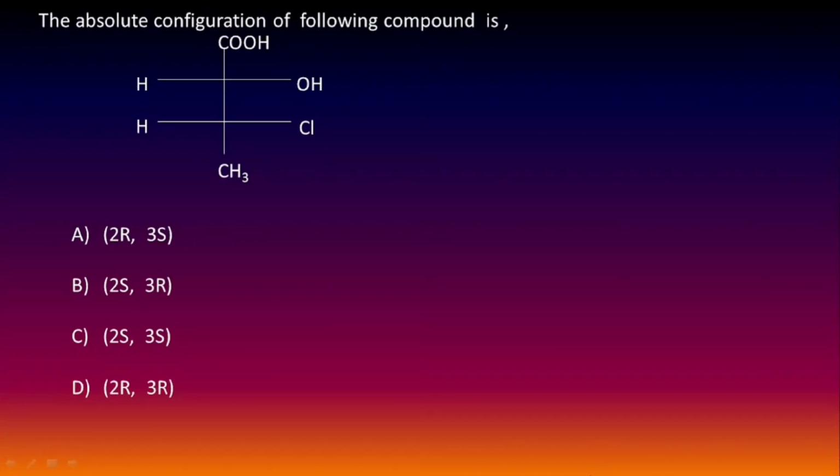The absolute configuration of the following compound is... For this, you must remember the RS concept, the CIP rules. The configuration is R or S. It depends on the priority numbering of atoms on the basis of atomic number. So let's solve this question.